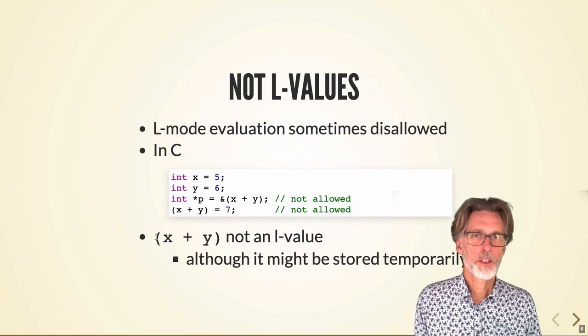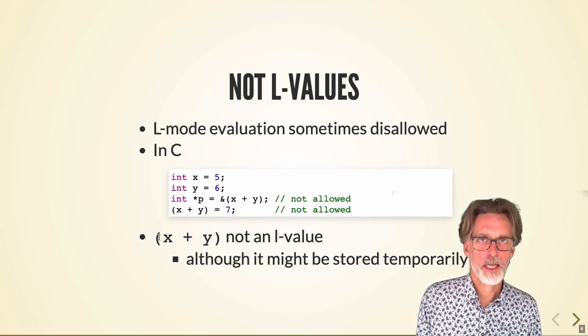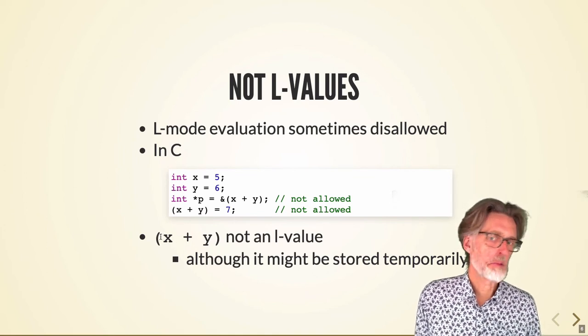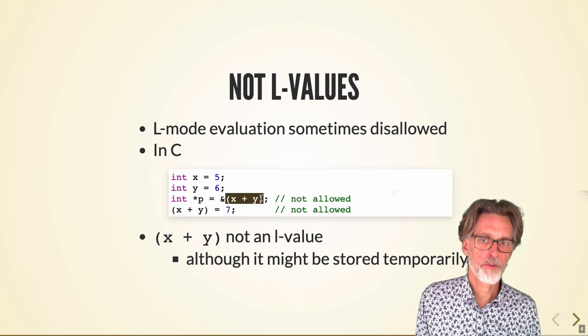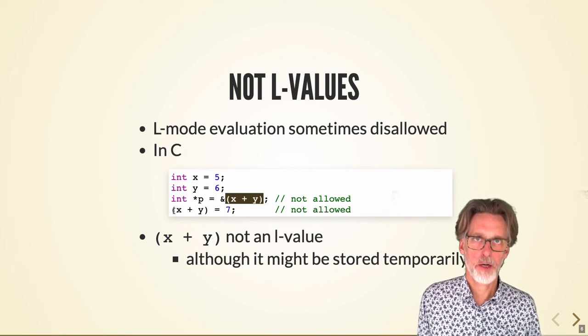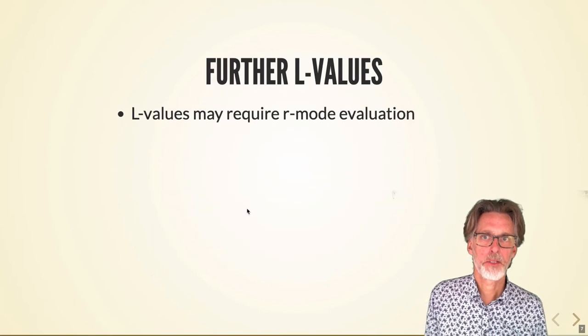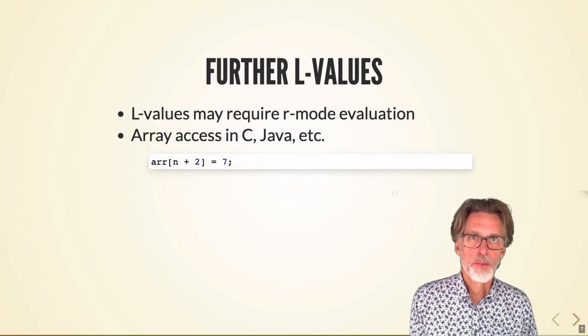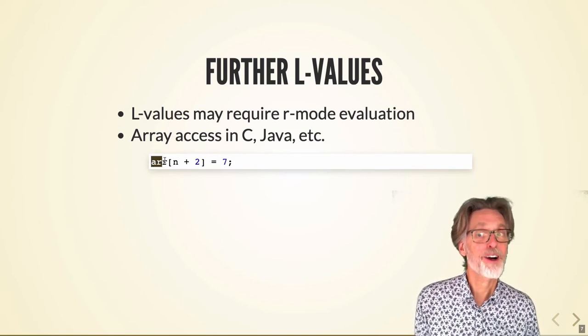Eventually, you'll have some intuitions about what's considered a temporary expression in C and what is not. And in particular, as an obvious example, the result of an addition is considered a temporary expression, and it's not actually assignable. But as we've seen, L values may actually involve computation as an R value.